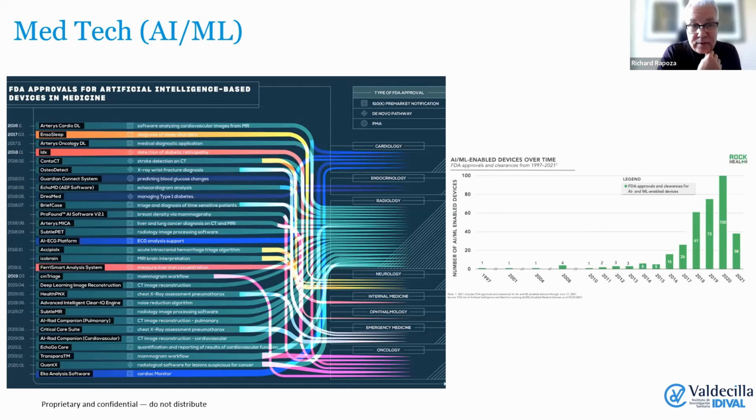The government has also been trying to keep up and actually not doing badly in terms of applications. This is a list, up to just prior to the pandemic, to 2019 and 20, of approvals by FDA of different AI-assisted algorithms for the practice of medicine.